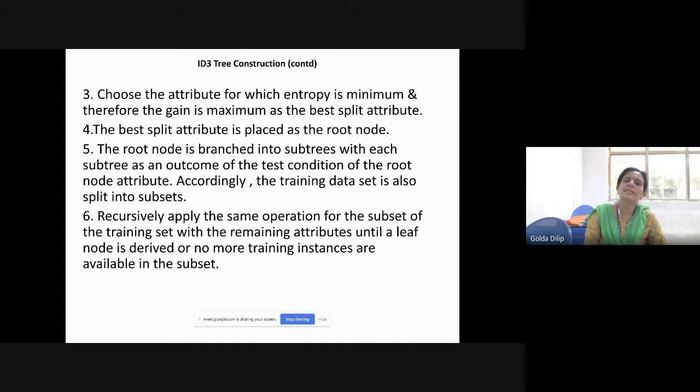Okay, so that will be treated as the best splitting attribute and that will be placed on the top of the tree, as the root node.